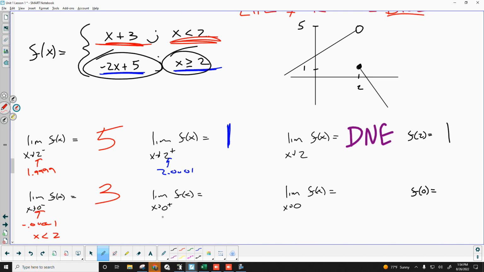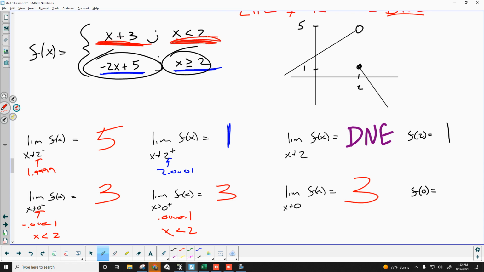Now 0 from the right, 0.00001, is still less than 2, so I'm still plugging it into here. I get 3. This one and this one are the same. I don't even care.